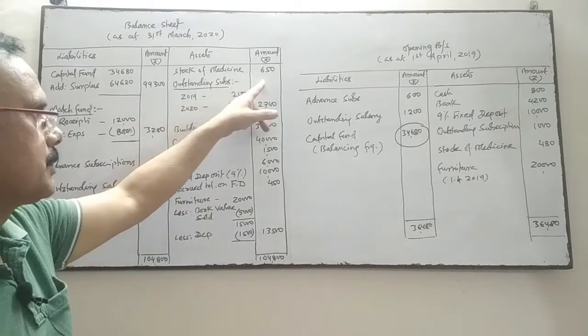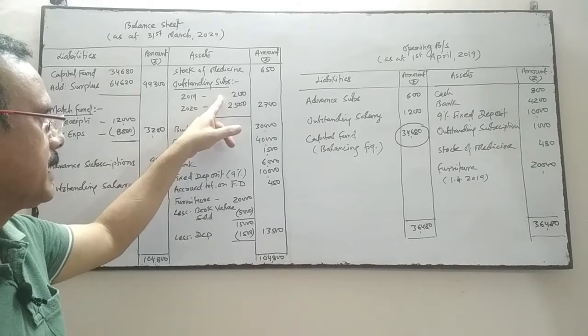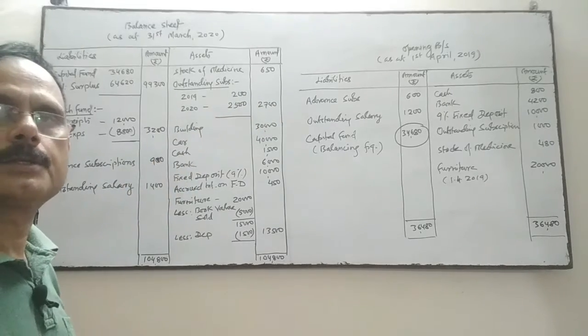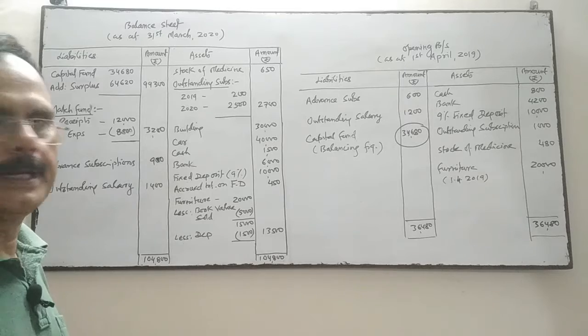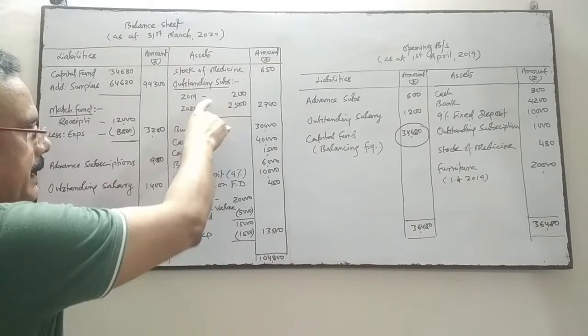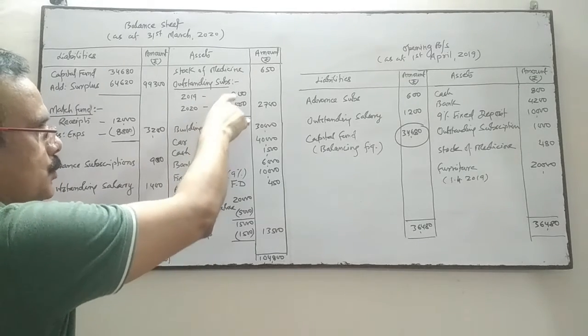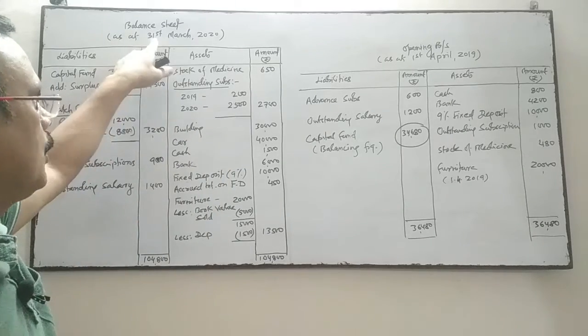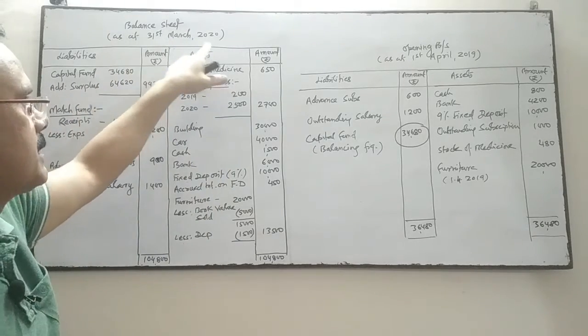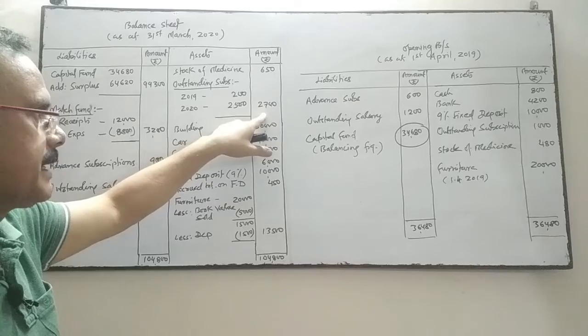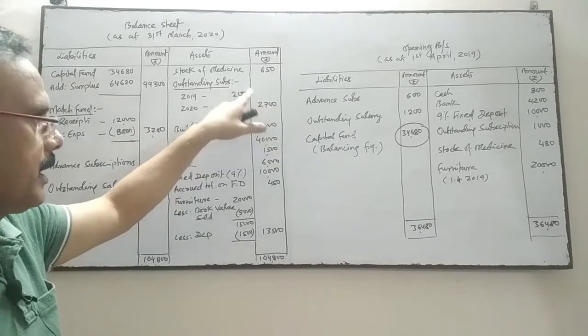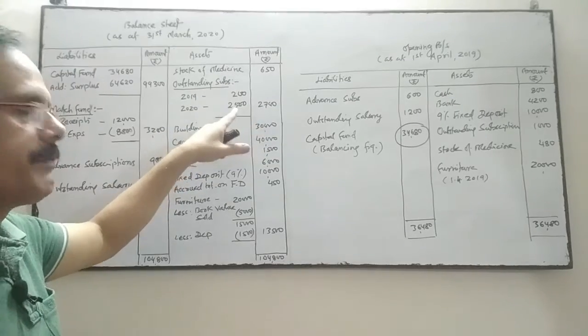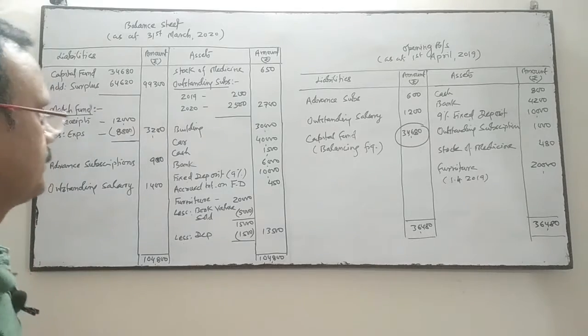Stock of medicine closing, additional information. Outstanding subscription last year which is not yet received till date is 200, and current year outstanding is this much, so total outstanding as on 31st March 2020 is 2,700. 200 is related to the previous year and 2,500 is related to the current year.